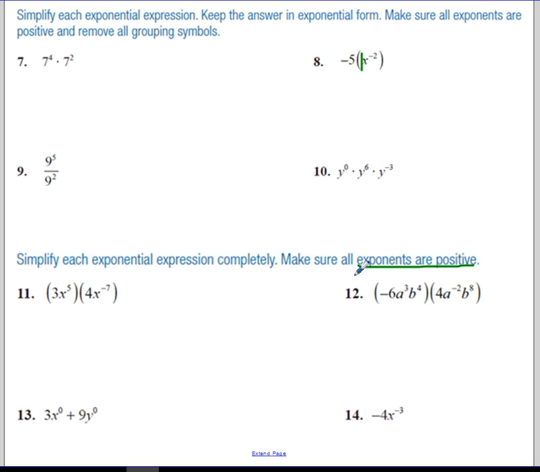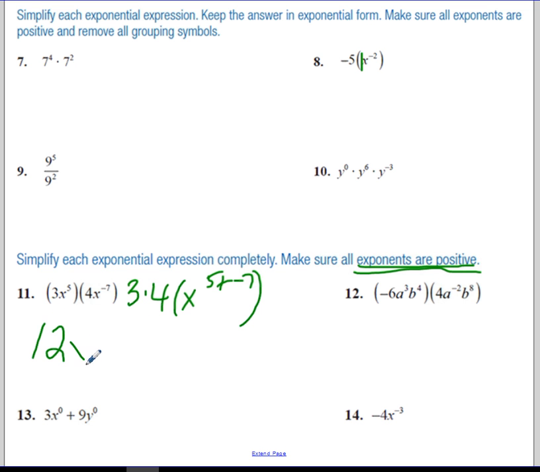So let me point out something that we haven't had an example of for number 11. We have 3 times 4, and then we have x to the 5th times x to the -7. So 3 times 4 is 12.